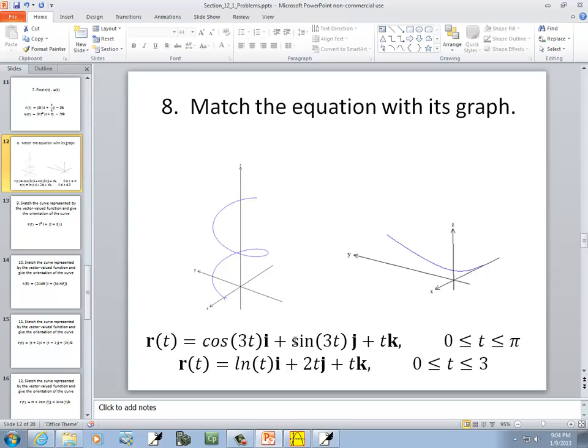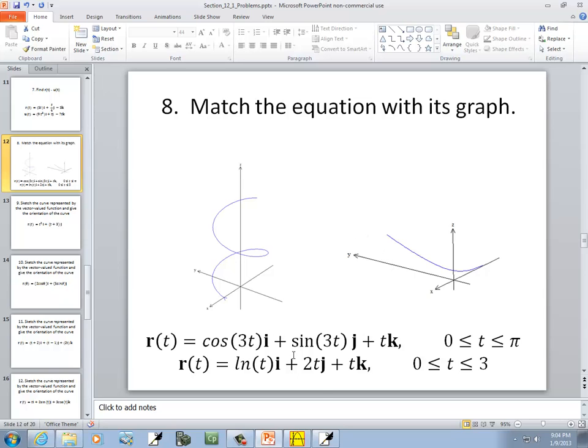Cosine plus sine, that first example we looked at, that forms a circle. So if I rotated this, looking at the x and y axis, we'd see that it has a circular pattern. And then the t just causes it to go up and down like that. The natural log, well, look how this curve here is shaped. That looks like a natural log.